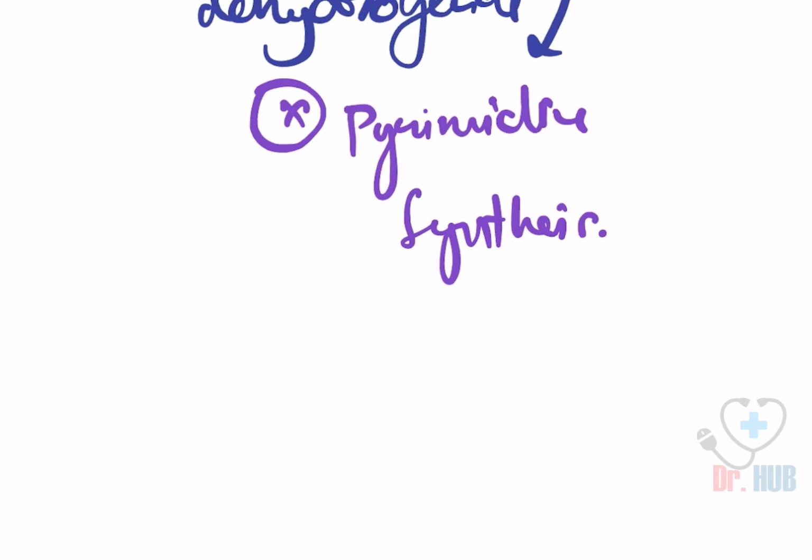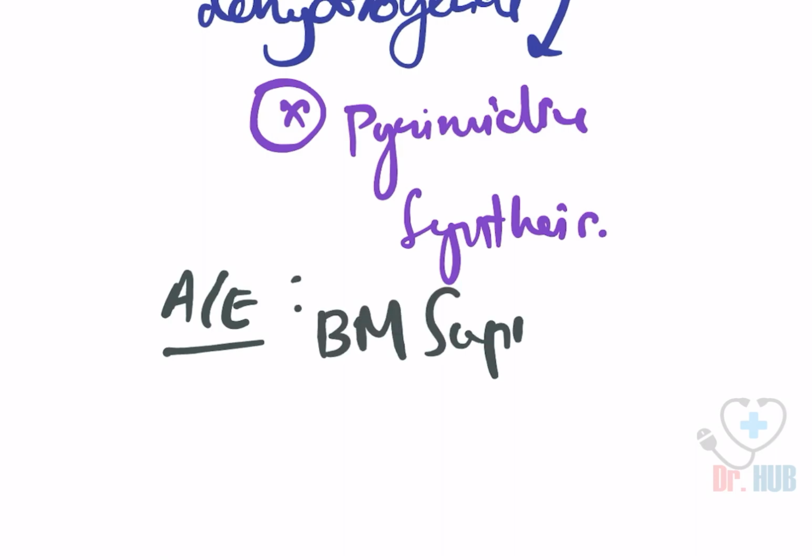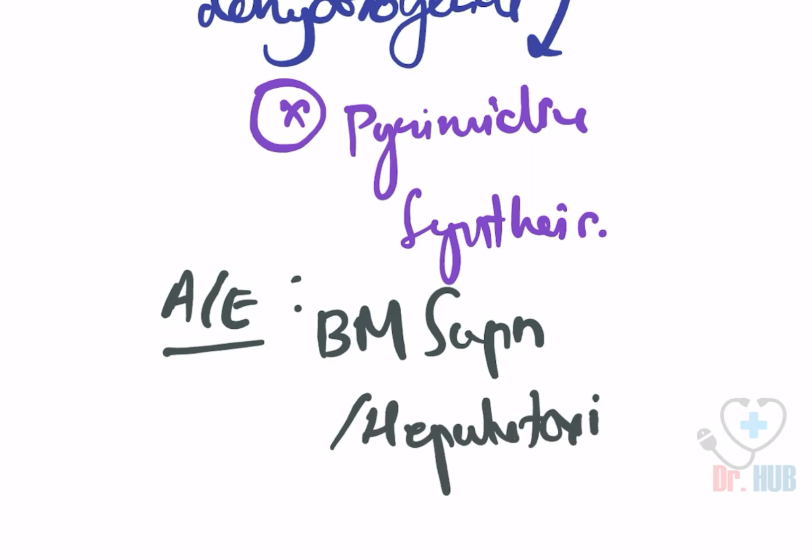Now, looking at the adverse effect of Leflunomide, it leads to the bone marrow suppression as well as the hepatotoxicity.